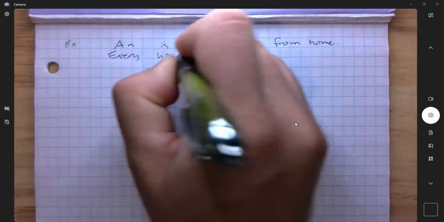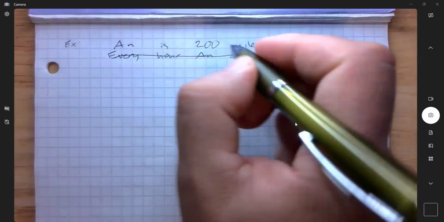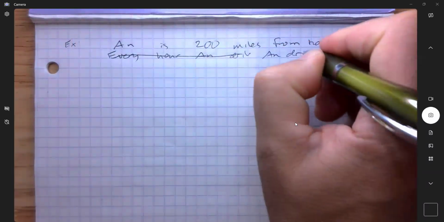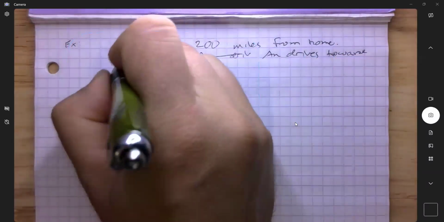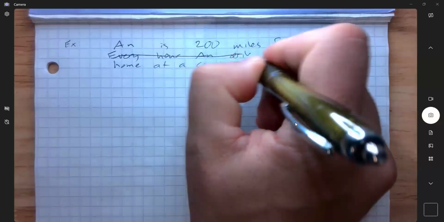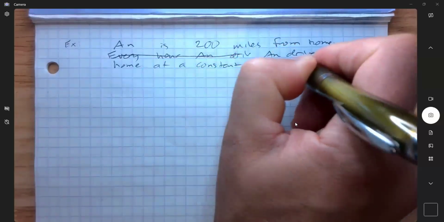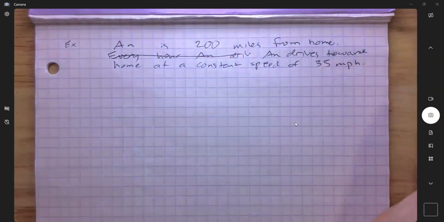Let me phrase it differently. Anne drives towards home at a constant speed of 35 miles per hour. Not very fast, but it will work.